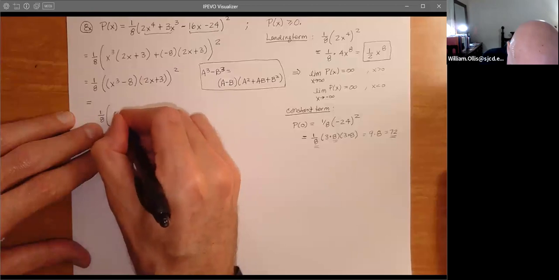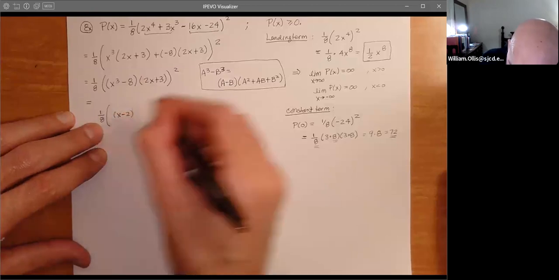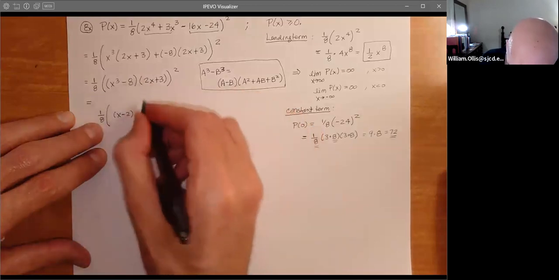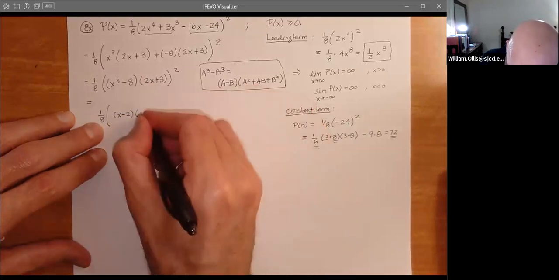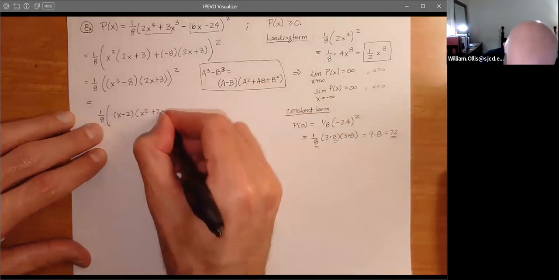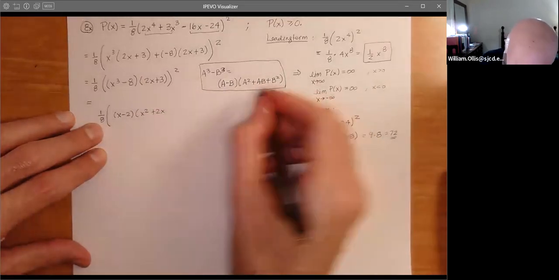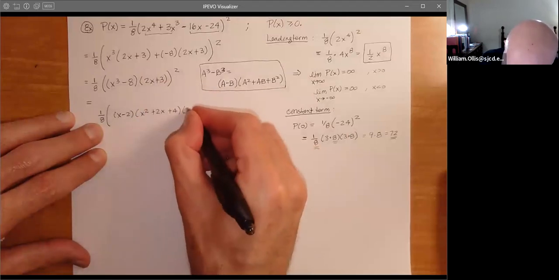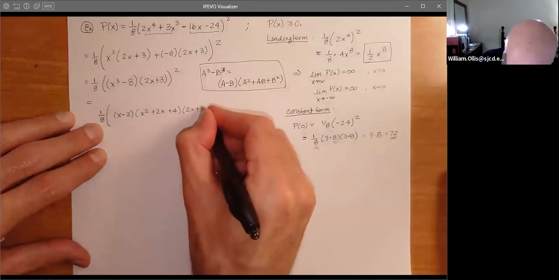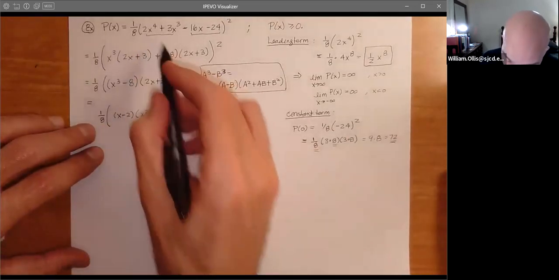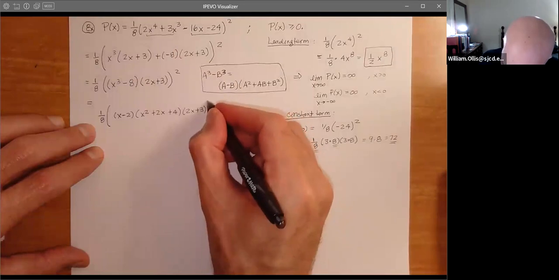So we have x minus 2. In this case, the A is x and the B is 2. And we get x squared plus 2x and then plus 2 squared, or 4. And then, of course, I won't go ahead and factor that more. We know that the 2 would come out as the coefficient there, but I'll just leave it there for now.